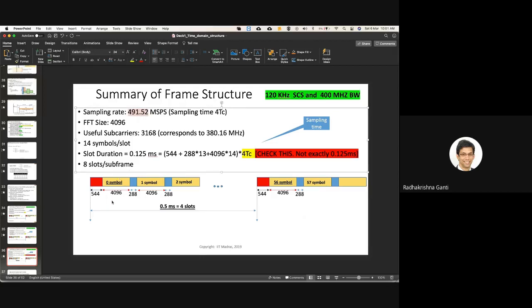It turns out that the second OFDM symbol, third OFDM symbol and so on are all 288. I think so. I have to just make sure of this once more. But the first OFDM symbol has a much longer cyclic prefix of 544. Okay. And so essentially in this particular case, what happens?